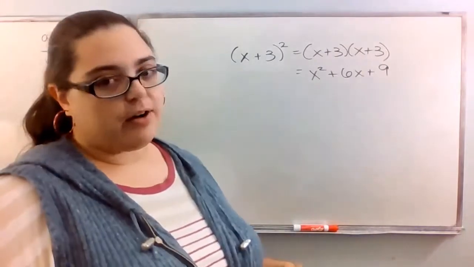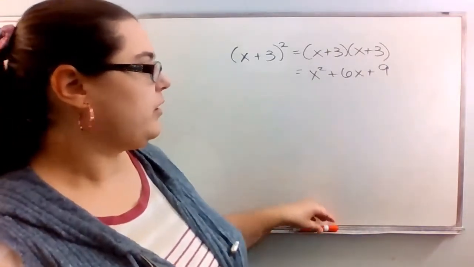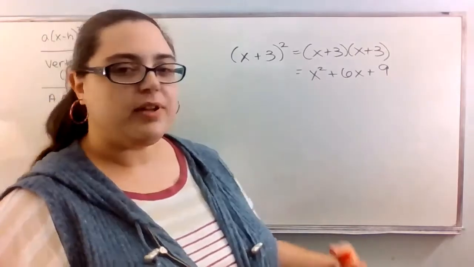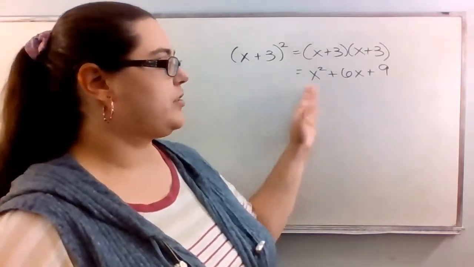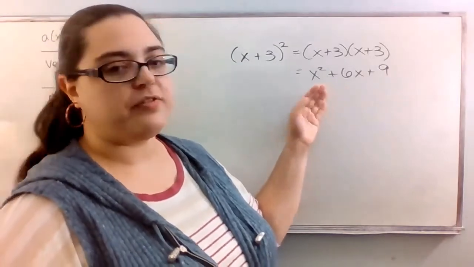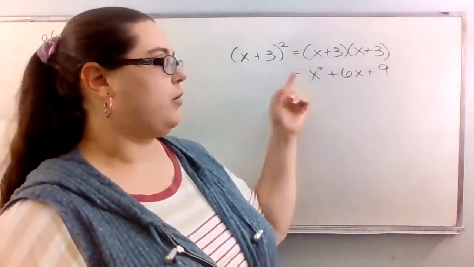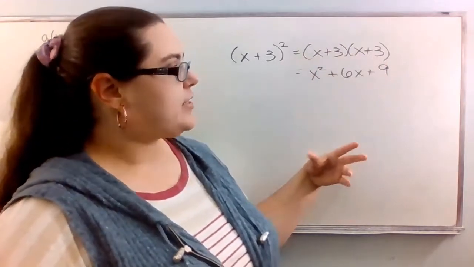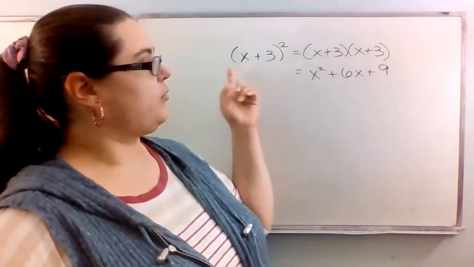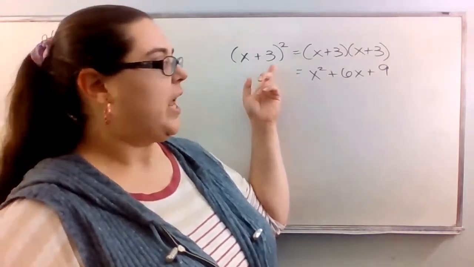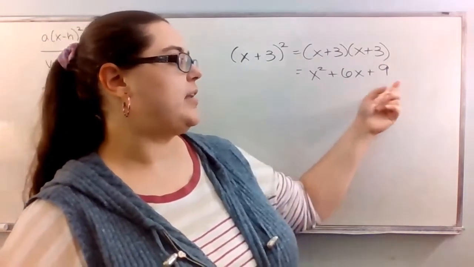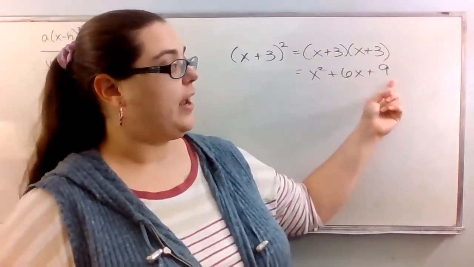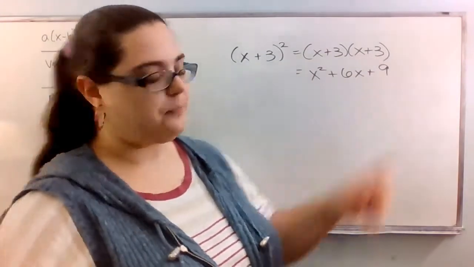Let's break this down a little bit. I'm going to rewrite this end result in terms of only things that we had to start out with, as much as possible. We started out with a 3, and I noticed that both 6 and 9 are multiples of 3. 6 is twice 3, and 9 is the square of 3.